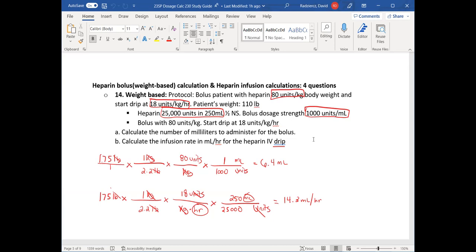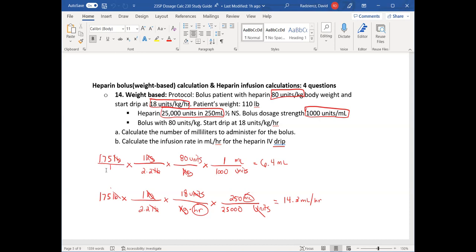And actually this is the exact same question that I just went over. But what I wrote out is a different variable. I did 175 pounds instead of 110 pounds just to show. And then I also did it the long dimensional analysis way, again, just to create some variation so you can see what this would look like if you did it that way.